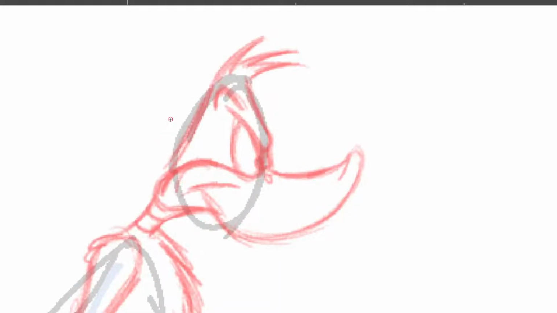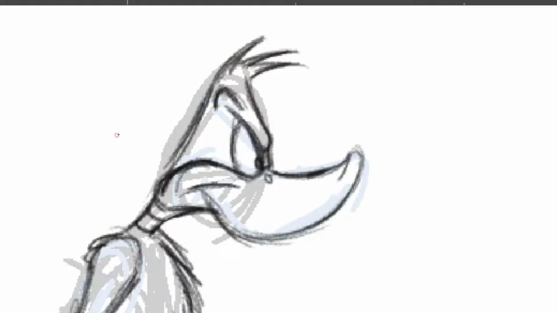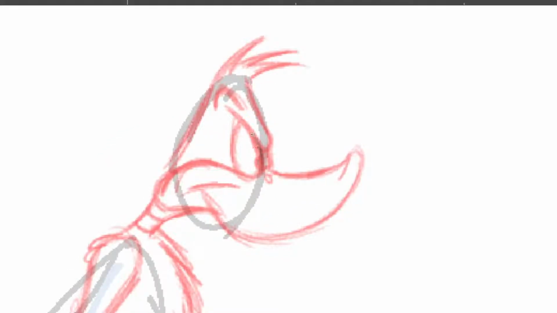If you press the forward slash or backslash, whatever it is, next to it, it's got a question mark above it, that will toggle on and off the onion skinning, which is pretty good if you are struggling with details, or you've got a very complex model and you need to see the skeleton a bit more underneath. Recommend that.